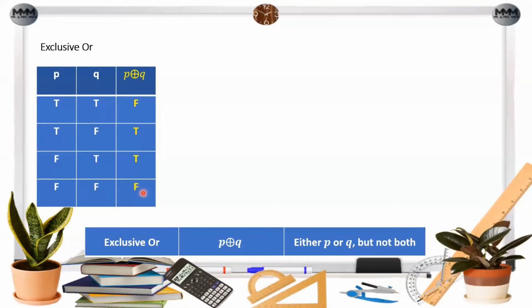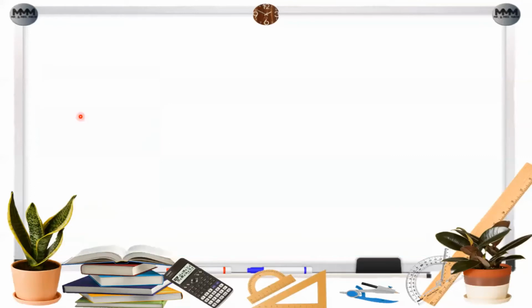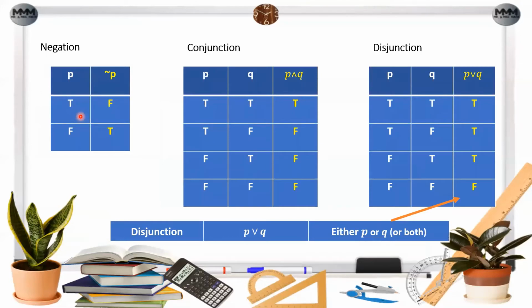So here, please do not be confused with our disjunction. Take note, for our disjunction, it is either P or Q or both. So take note, this is non-exclusive or. The previous one is exclusive or, but for disjunction, this is non-exclusive or. Why? Because we consider the case where both propositions are true, and it is true.